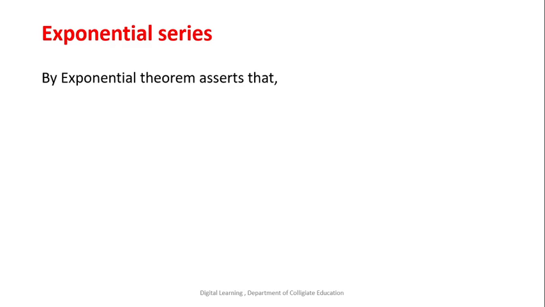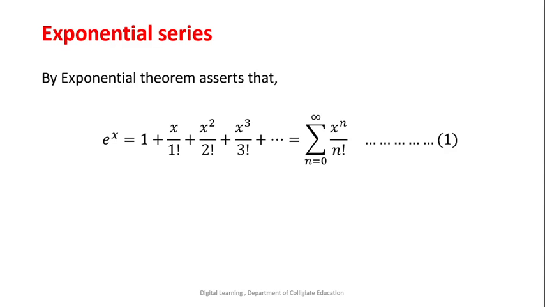The exponential theorem asserts that e to the power of x is equal to 1 plus x by 1 factorial plus x square divided by 2 factorial plus x cube by 3 factorial plus so on, which can be expressed as summation n equal to 0 to infinity x to the power of n over n factorial. Call it equation number 1.